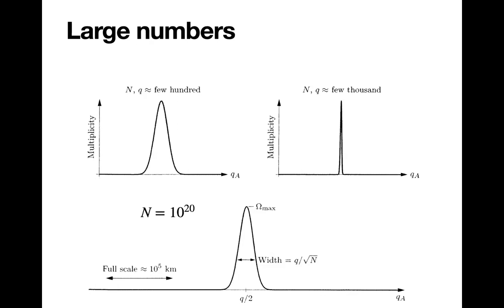So this is a milliliter of gas, which would have about 10 to the 20th molecules involved. And so here it says it would be even pointier than that few thousand one, but we can't show the full scale. The full scale would have to be 100,000 kilometers.